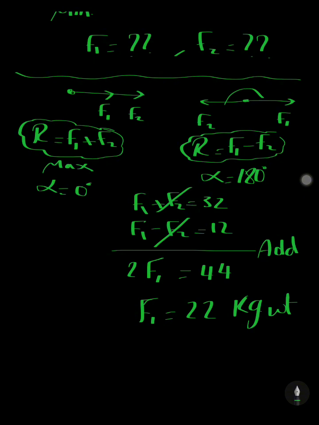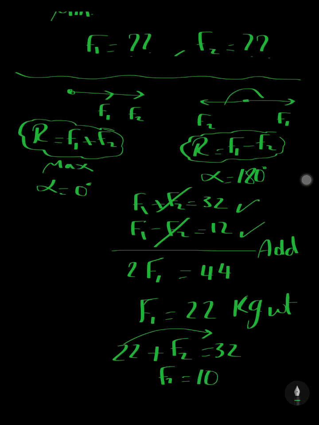To find F2, substitute F1 by 22 in any one of the two equations. In the first equation, 22 plus F2 equals 32. Move 22 to the other side: 32 minus 22. It will be 10 kilogram dot weight.